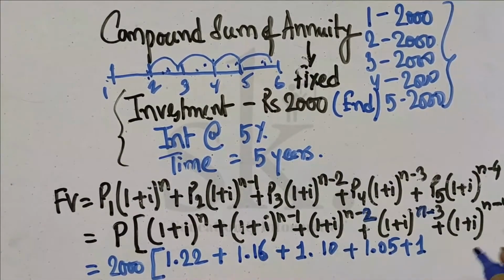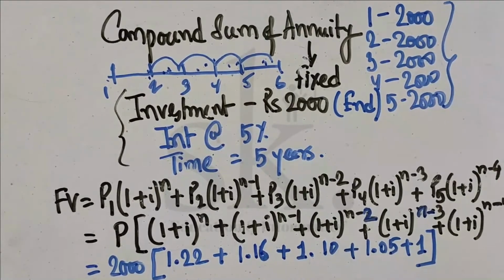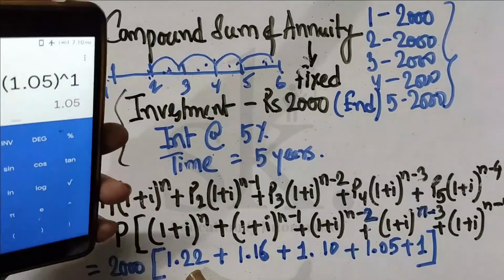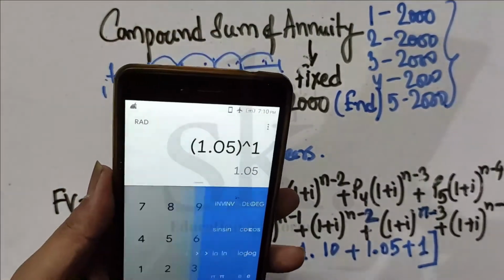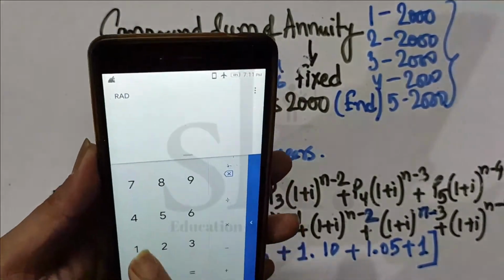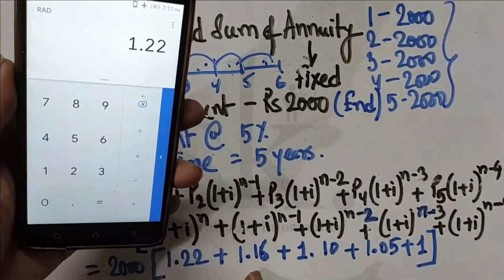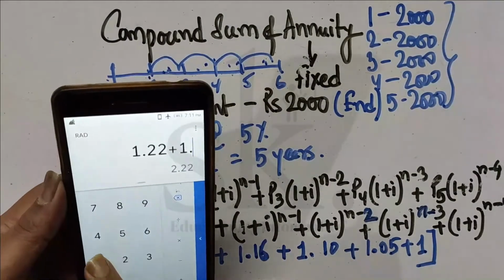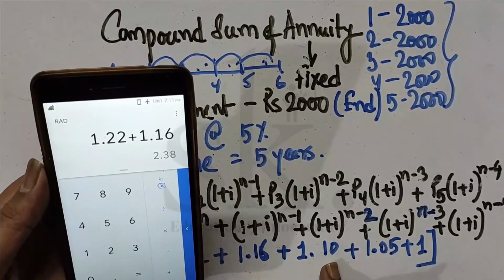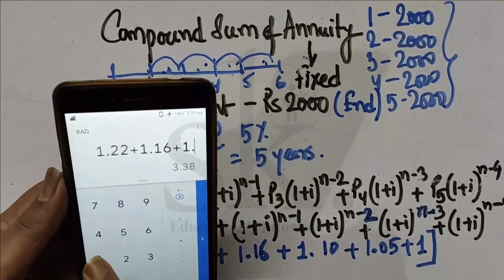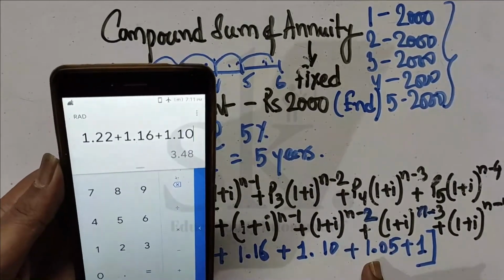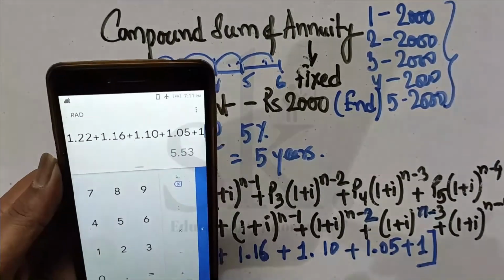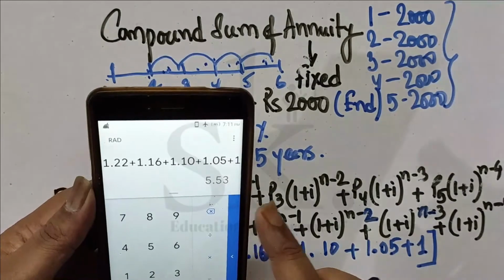2000 into 1.22. So if I add up all this, I'll just show you. If I add up all this, that means 1.22 plus 1.16 plus 1.10 plus 1.05 and plus 1 gives me 5.53.